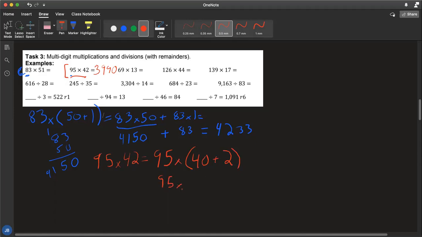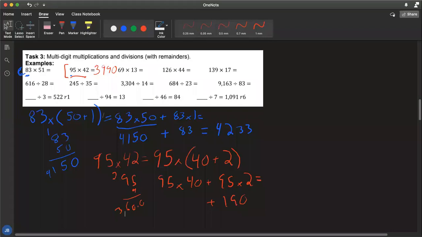So we'd have 95 times 40 plus 95 times 2. And this should give us the same answer, correct? And so 95 times 2 is 190. 95 times 40, what would we have here? Let's see, times 4, we do 0, 0, 2. 9 times 4 is 36.